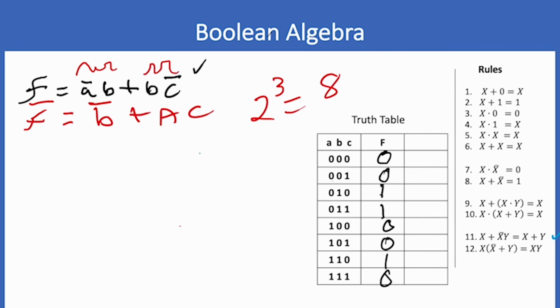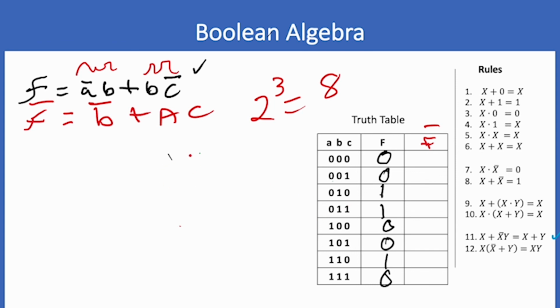Now for the inverse function, we expect the inverse to be equal to 1 when this one's a 0. So let's do the inverse function, function bar, which is equal to b bar plus ac.